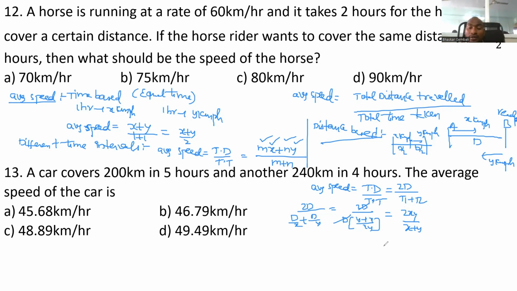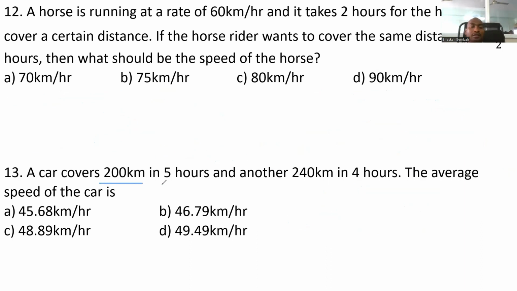Now we will go with the question. A car covers 200 kilometers in 5 hours and 240 kilometers in 4 hours. We want to find out the average speed of the car. Average speed equal to what do we know? I told you just now. Total distance traveled by total time taken. Total distance is one is 200, the other one 240. By total time.